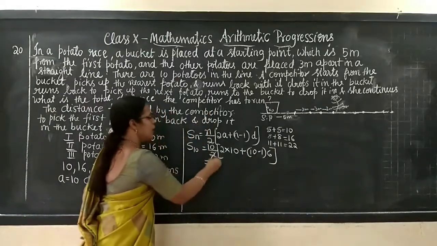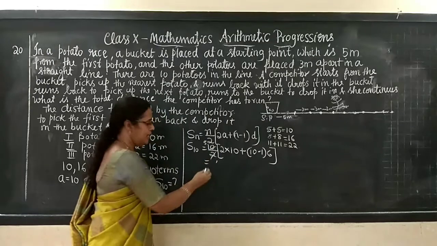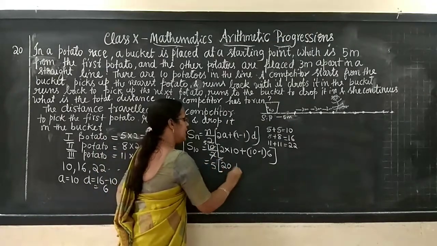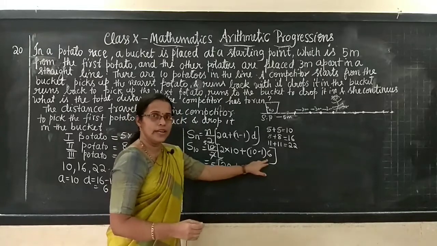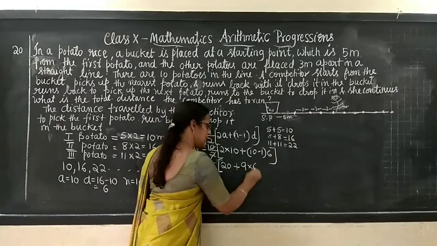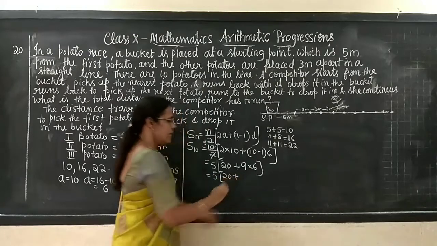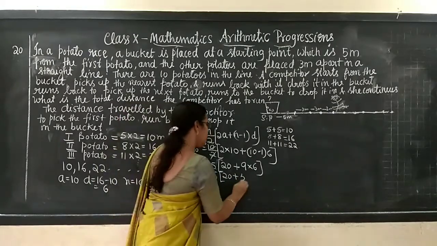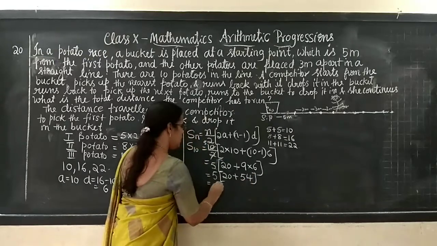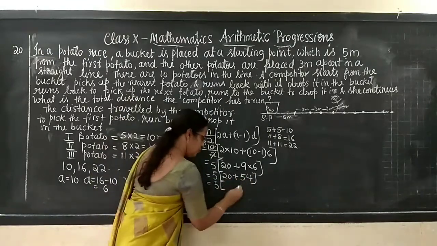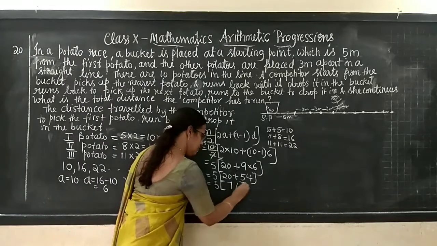So then 2 ones are 2, 2 fives are, 5 by 1 is 5 itself. Then 2 tens are 20. 10 minus 1, 9. 9 into 6. Okay. 5 into 20 plus 9 sixes are 54. Then 5 into 54 plus 20, 74.